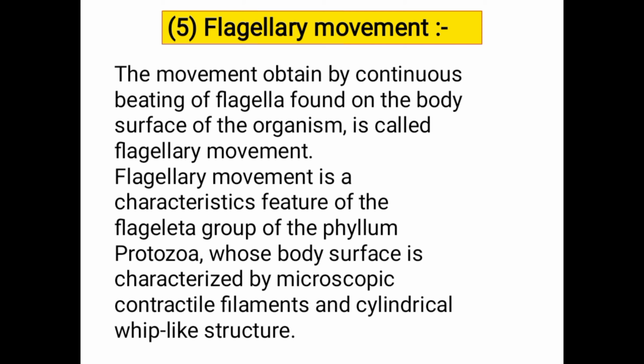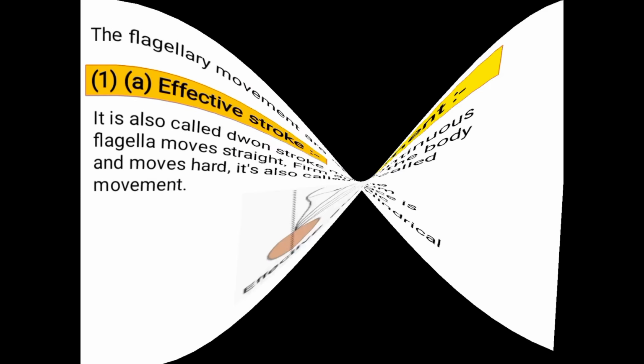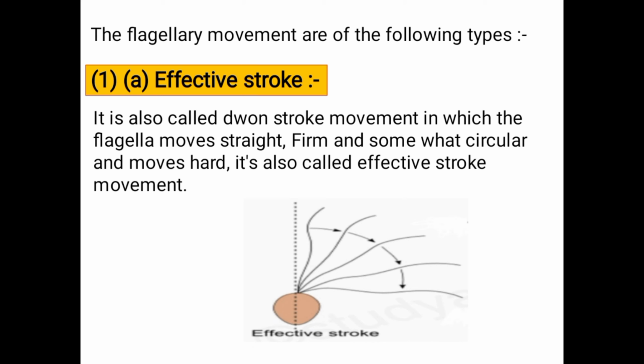It is a characteristic feature of the flagellata group of the phylum Protozoa, whose body surface is characterized by microscopic contractile filaments and cylindrical whip-like structures. The flagellary movements are of the following types.